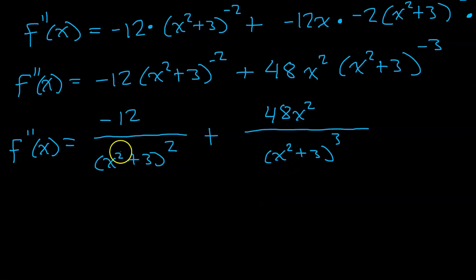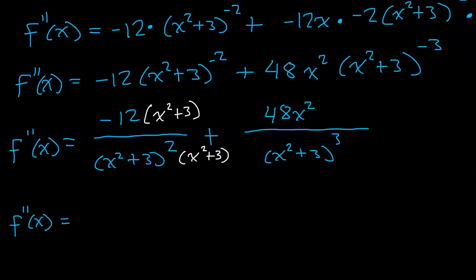All right, I really need to combine these together. So in order to add fractions, of course you need like denominators. So I see that both involve x squared plus 3. It's just that this one's to the second power and this one's to the third power. So all I need is one more factor of x squared plus 3 to make this into the third power.